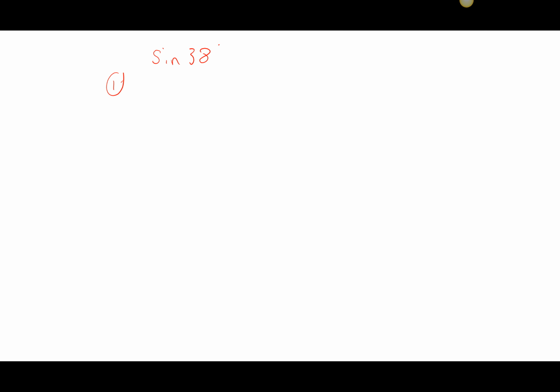So one, if you're using the one that I told you to get, the TI-30XA, you'll type in 38 and then you'll click the SIN button, and that'll give you 0.6156 and so forth, okay? So you'll click 38 and sine.